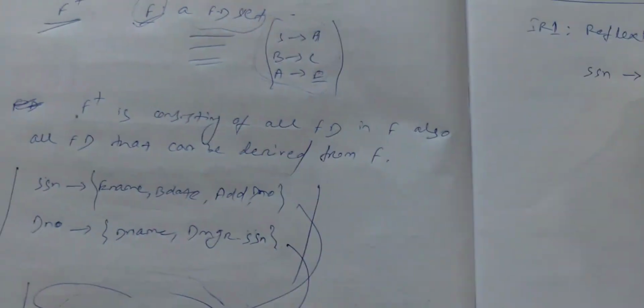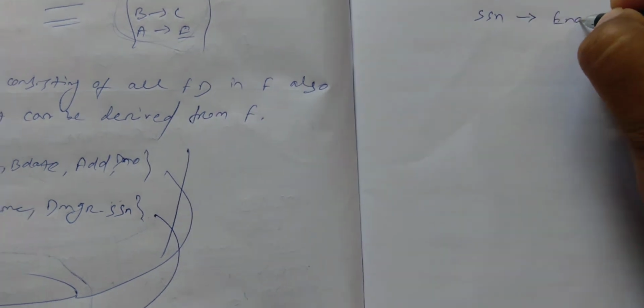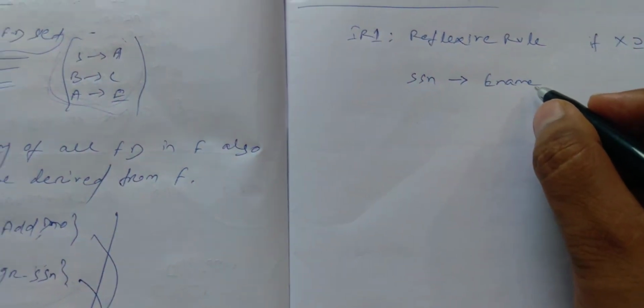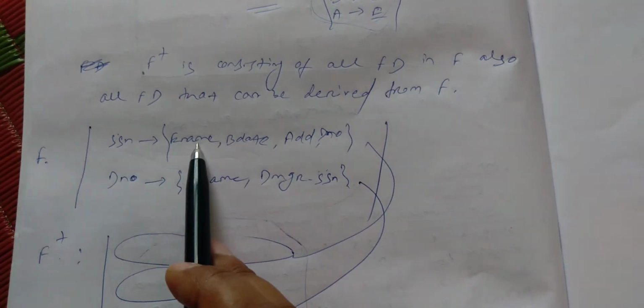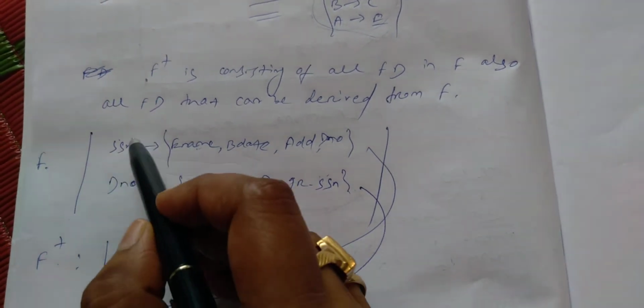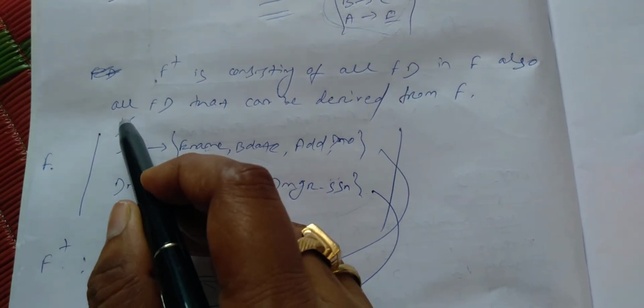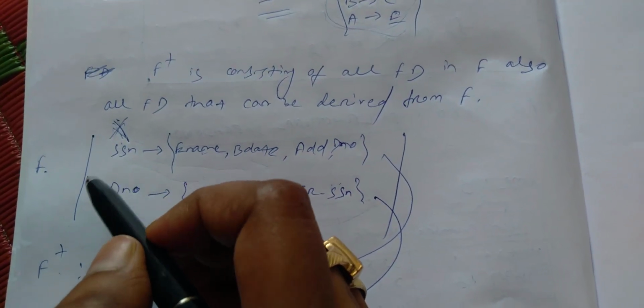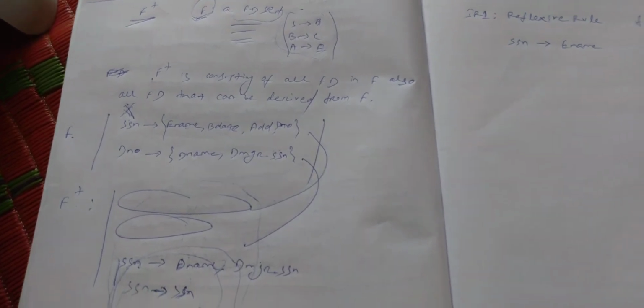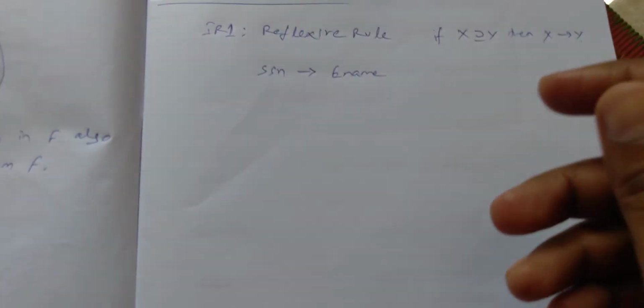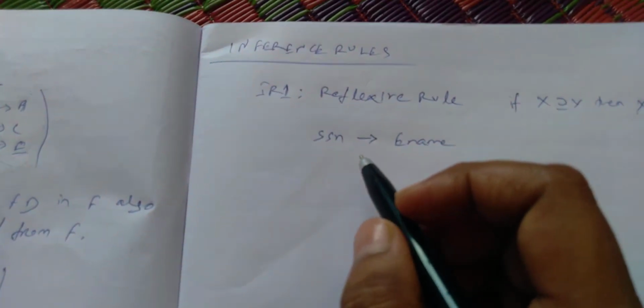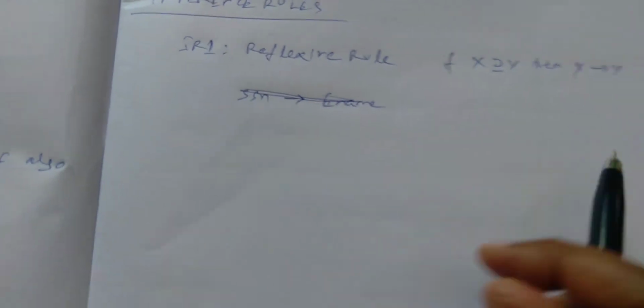Using this you can write that SSN determines ename. This will be true because ename is a subset of SSN. Here X means a combination of attributes.